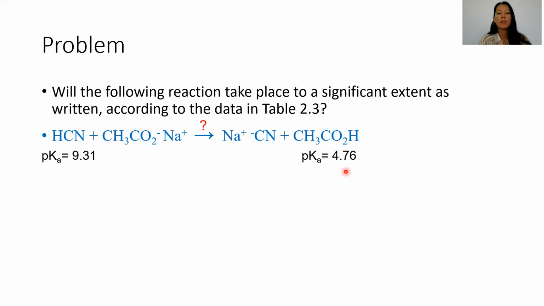And so it'll want to lie to the side where it's in its conjugate base form. It had given up its H+. Also here, HCN, it has a higher pKa, so it wants to hold on to its H. So it should lie to the left. So will it take place to a significant extent going to the right? The answer is no, it will not.